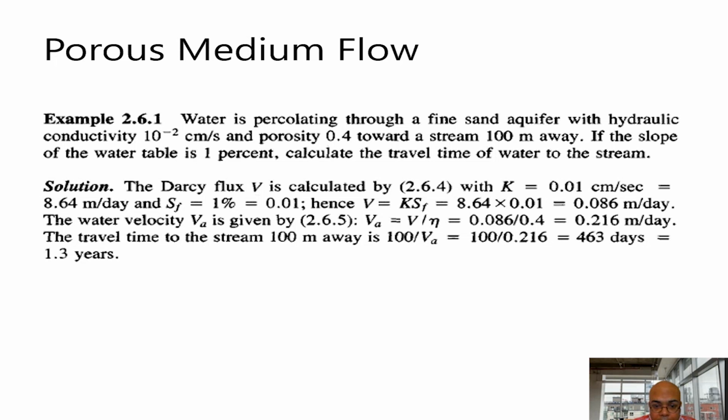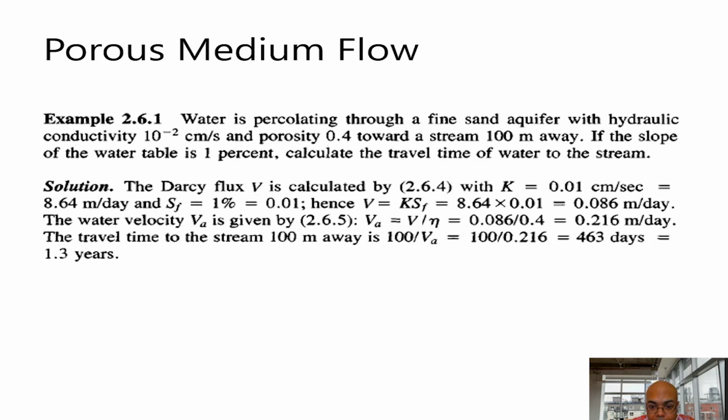When converted to meter per day, it becomes 8.64 meter per day. The slope of the water table is given as 1%, which is nothing but 0.01. So 8.64 into 0.01 gives the velocity V, that is 0.086 meter per day.